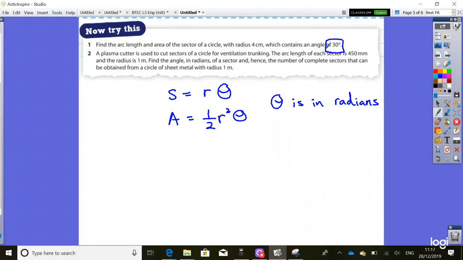Okay, so with question 1, first of all, to change between radians and degrees, let me give you another one first. If you are going from radians into degrees, you divide by pi and then times 180.